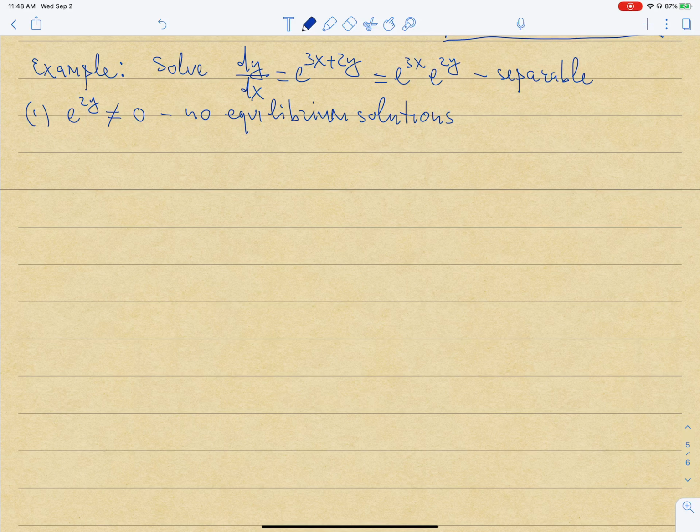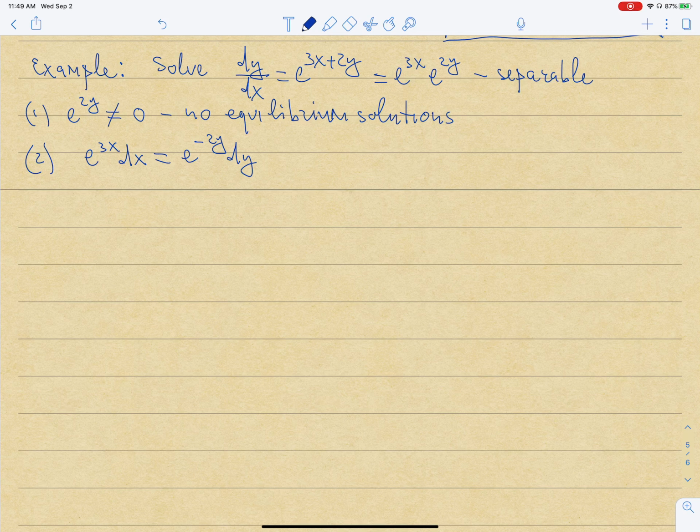So we can try to separate variables. Divide both sides by e to the 2y and multiply both sides by dx. What we'll get is e to the 3x dx equal to e to the minus 2y dy.